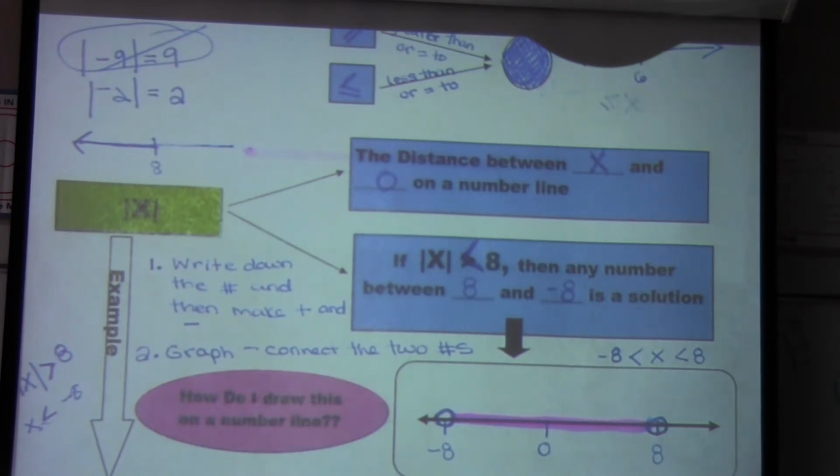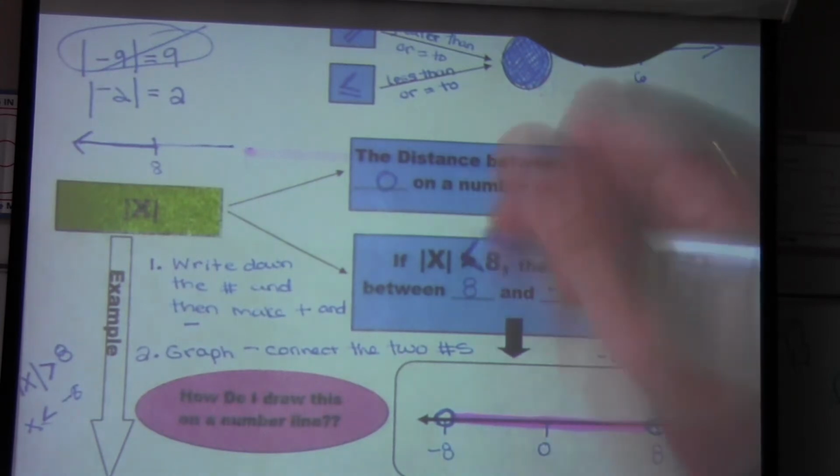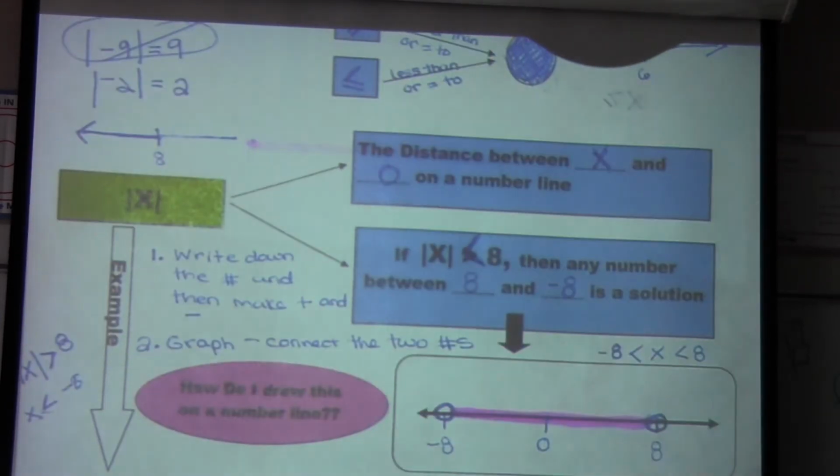When it's less than, you connect them, because it makes it smaller. When it's greater than, because it's bigger, you flip them out. So if I'm looking at this example, this was a less than mark, wasn't it?